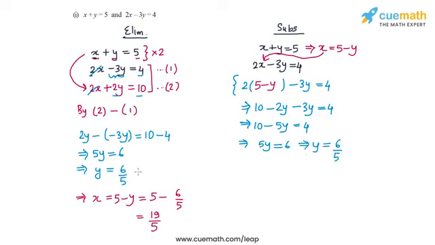So once again I get the same value as I got in the first method using elimination, and once I have y equal to 6 by 5, I can substitute this into x is equal to 5 minus y. So x will be equal to 19 by 5 once again. So the solution to this pair of equations is x is equal to 19 by 5 and y is equal to 6 by 5.